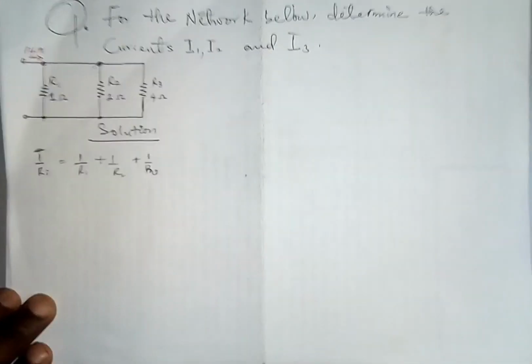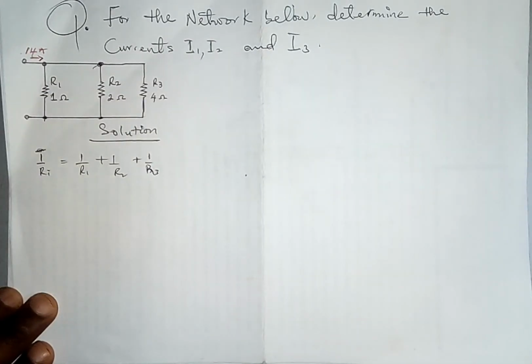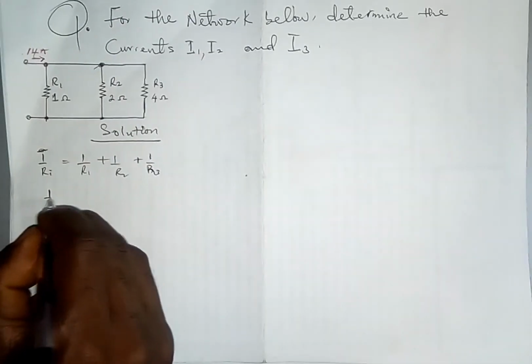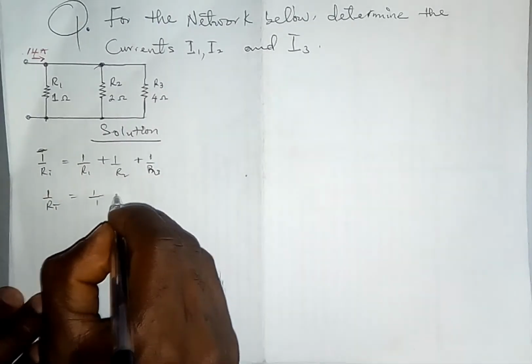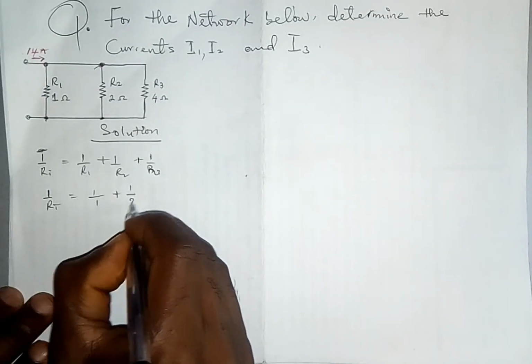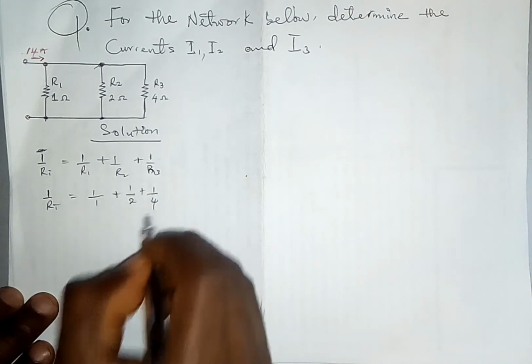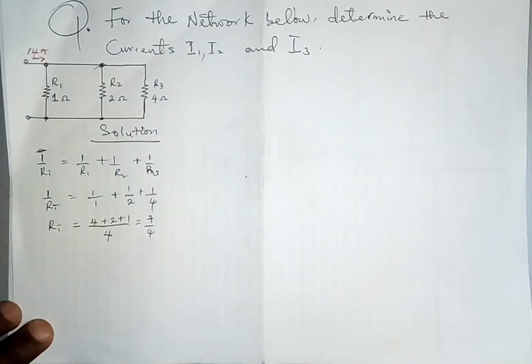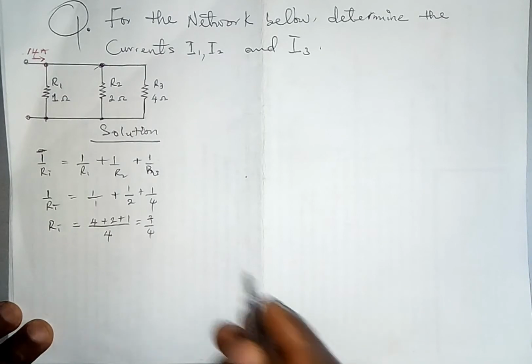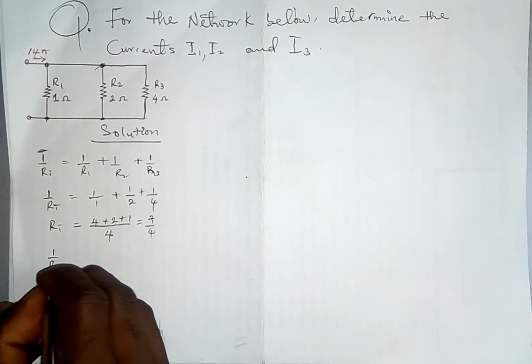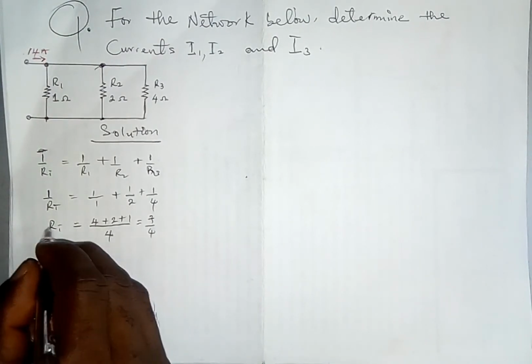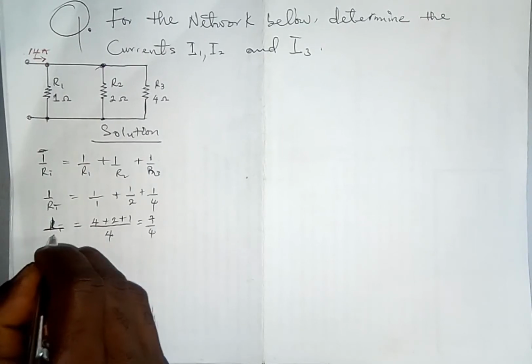By the time we substitute all these values into our equation, we are going to have 1 over RT equals 1 over 1 plus 1 over 2 plus 1 over 4.